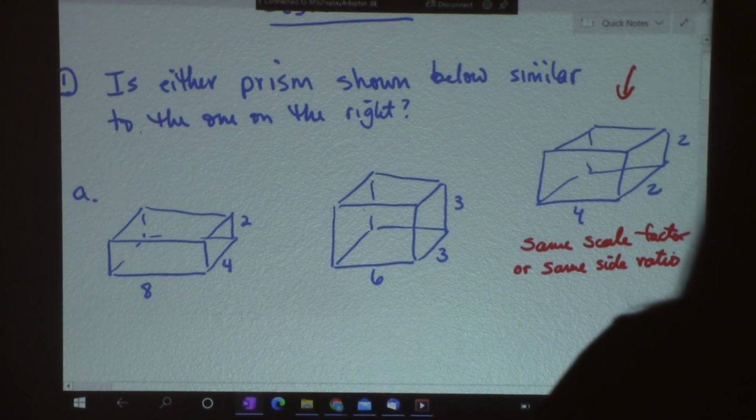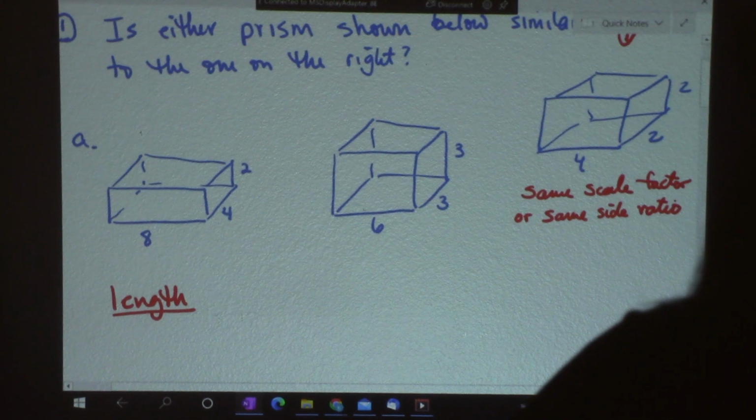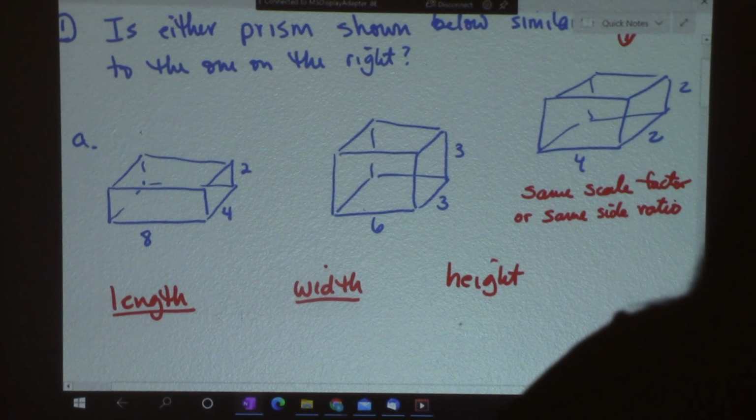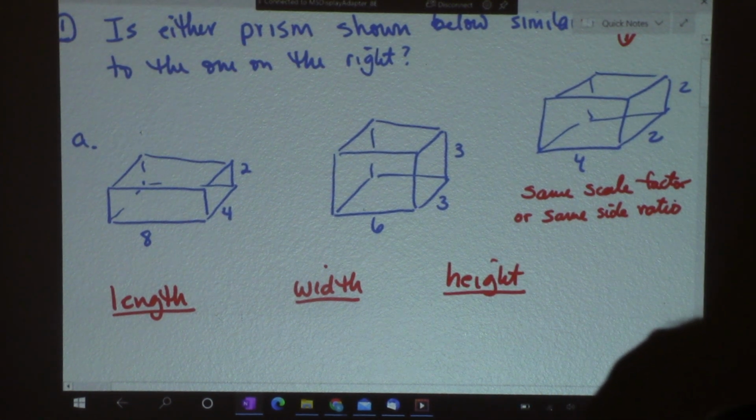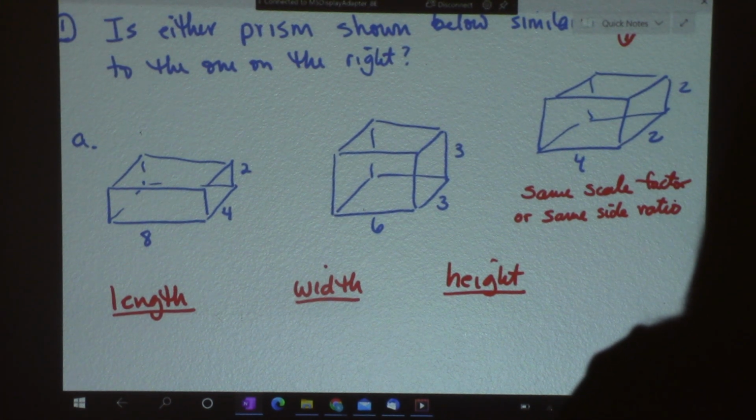So the first thing we're going to do is make a kind of a table here. So we're going to look at length, width, and height. All right, so we can't just look at one because they might have a similar length, but the height ratio is different or the width ratio is different. So it has to be all three consistent all the way through.